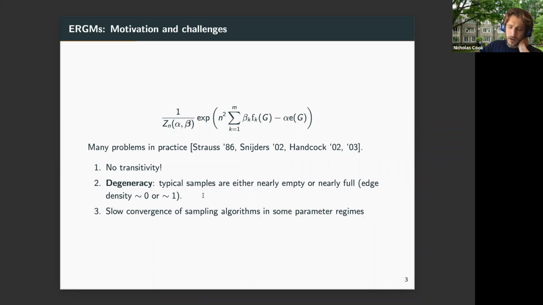They'd get a sharp jump from almost empty to almost full as the beta parameter for the number of triangles passed through some threshold. More generally, they use the word degeneracy to mean that the distribution concentrates on a small number of graphs with trivial structure. This is the worst form of degeneracy, where it's just concentrating on the empty graph and the full graph. And then they also found that their sampling algorithms were not converging very fast in some regimes of the parameter space.